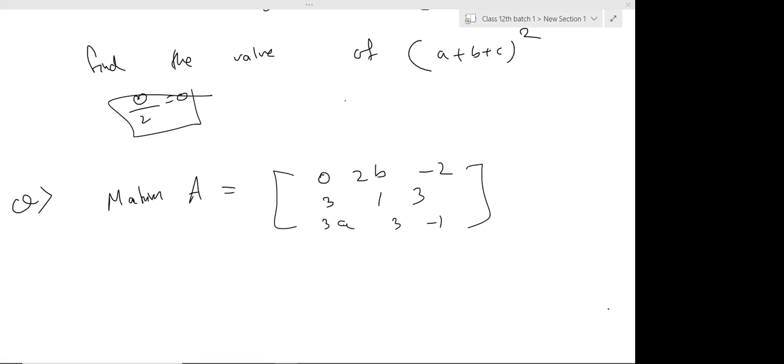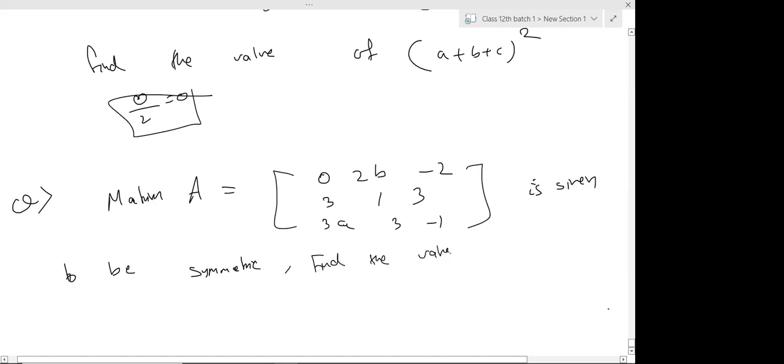This matrix is given to be a symmetric matrix. Find the value of A and B. All right. A few minutes for this also.